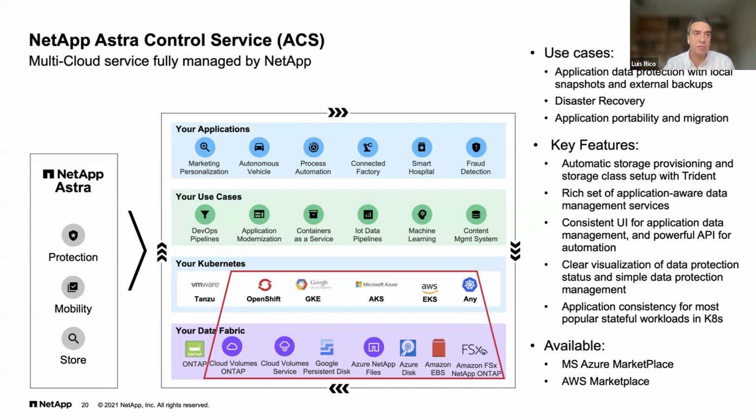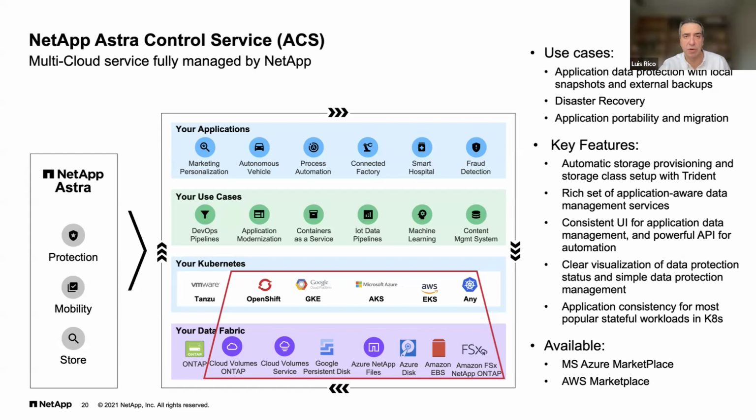And we are not only supporting our own storage solutions in the public cloud, Cloud Volumes Service, or Cloud NetApp Volumes in Google, or Azure NetApp Files in Azure, or FSx for NetApp ONTAP in AWS, but also the default persistent storage in these hyperscalers: EBS in AWS, Azure Disk, or Google Persistent Disk.